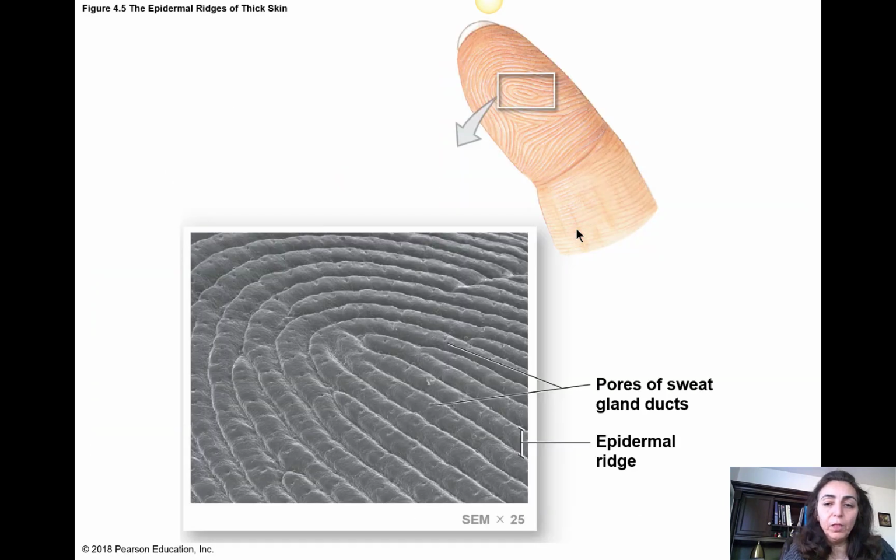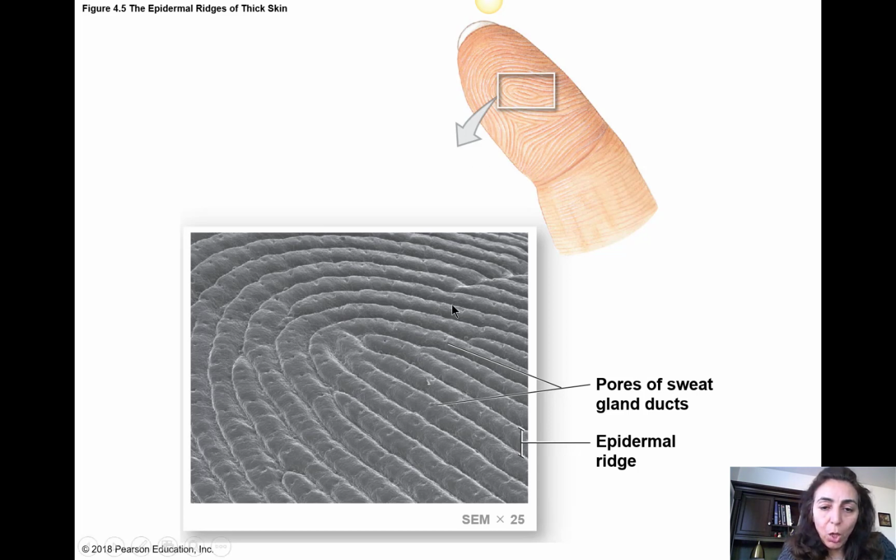I just wanted to draw your attention to this: we have epidermal ridges all over the body, but when they project toward the surface too, then they make these pictures of curves that we have over the surface. And as we have a specific pattern for every single person, we can use these as their fingerprints.